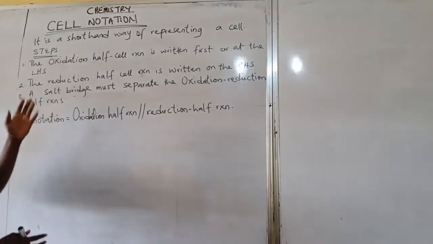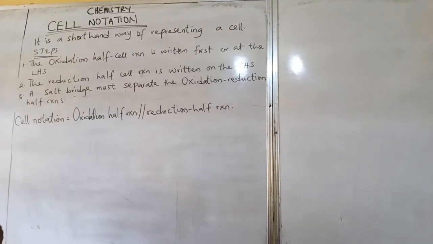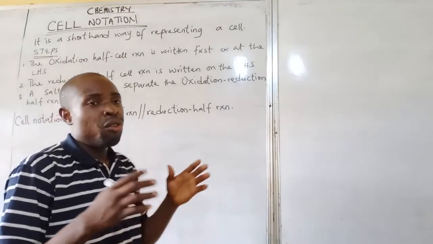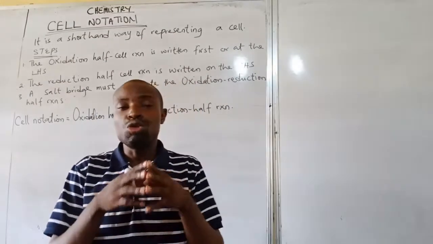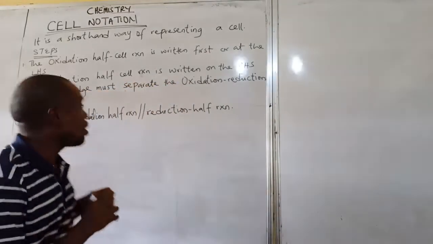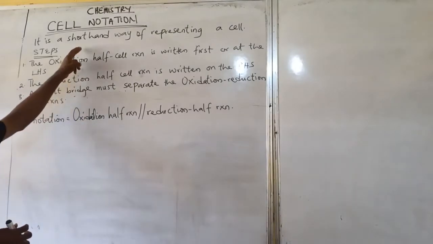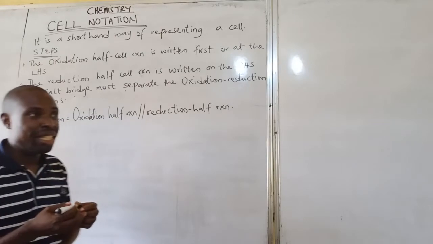All right, so we continue. Now, what we call a cell notation. In all our calculations that we will do in electrode potential, we should know what we call a cell notation. A cell notation is a shorthand way of representing a cell.